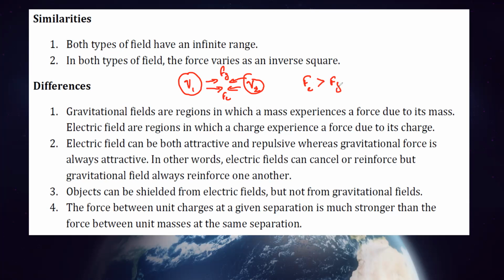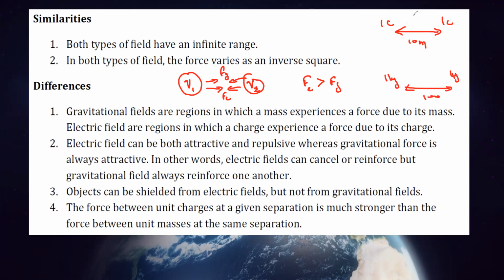So the force between unit charges at a given separation is much stronger as compared to the force between unit masses. Like if we have 1 coulomb charge and 1 coulomb charge separated by a distance of, for example, 10 meters, and we have 1 kilogram mass and 1 kilogram mass separated by 10 meters.